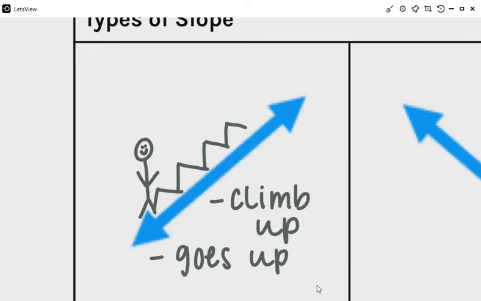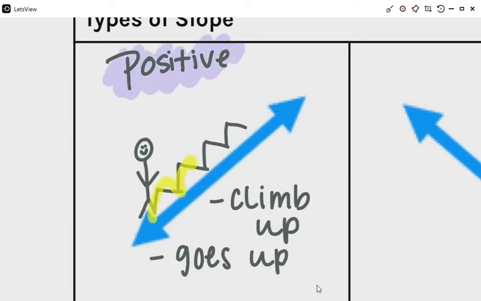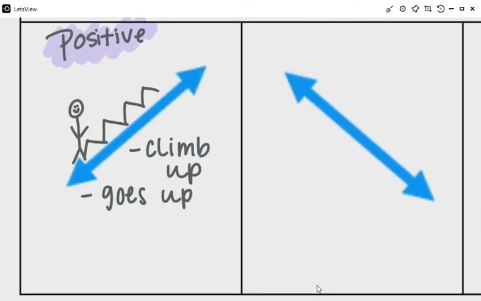So this slope we call positive, right? This is our positive slope. You're climbing up the hill, or as you're looking at it from left to right, it goes up. Always, always left to right. Just like if you're reading a book, always left to right.